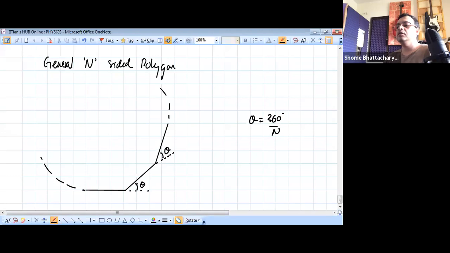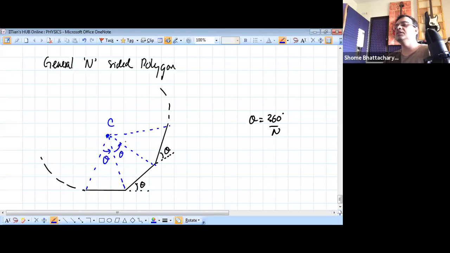Okay. And when we join each of the sides to the centroid, wherever that centroid is, depending on the number of sides and all that, then each of these angles will also be the same.